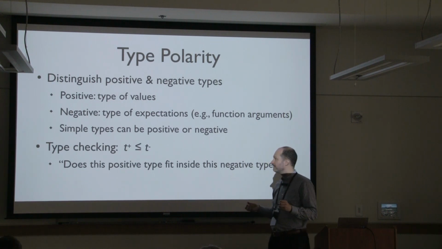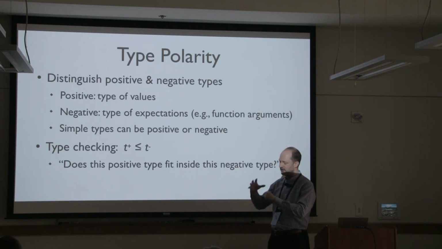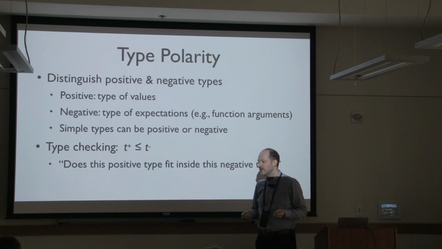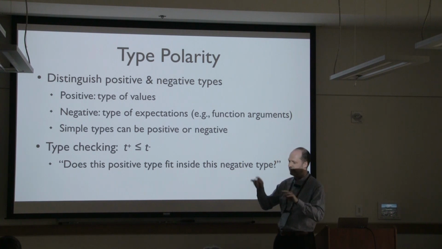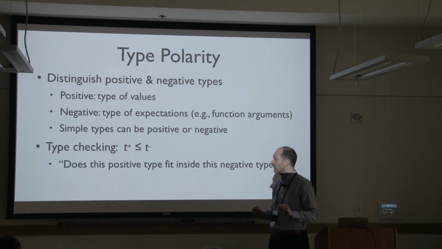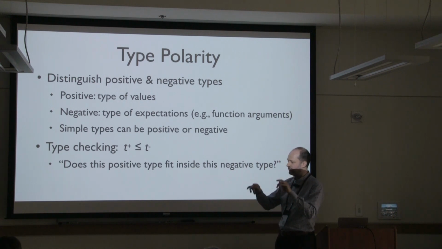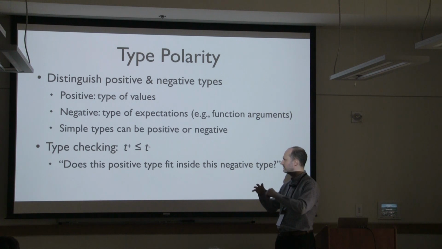And type checking in Pinafore is almost always of the form, does this positive type fit inside this negative type? For Hindley-Milner, when you're doing type checking, you have two type expressions with variables, and you try to substitute in the variables until they match. Whereas in Dolan typing, you have a positive type and a negative type, and you substitute in the type variables until the positive type is a subtype of the negative type. So it fits in there.